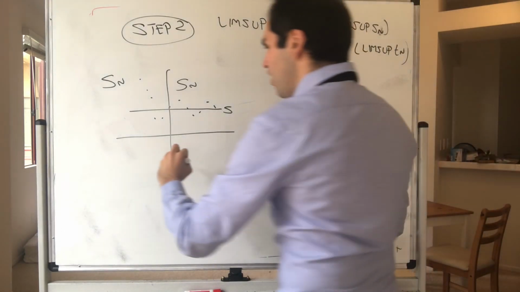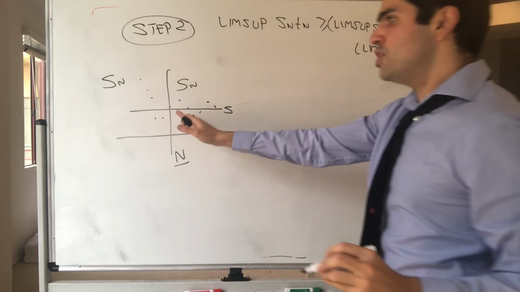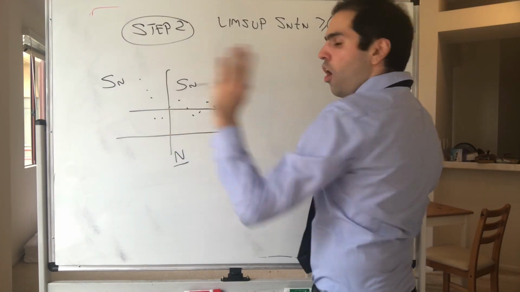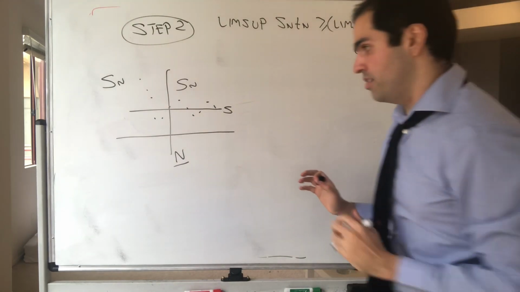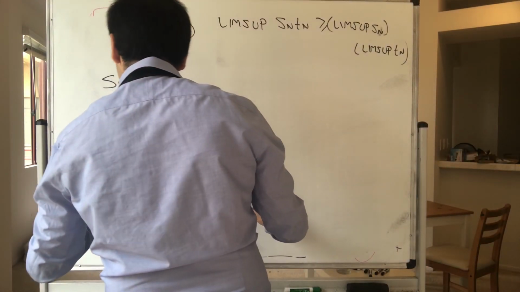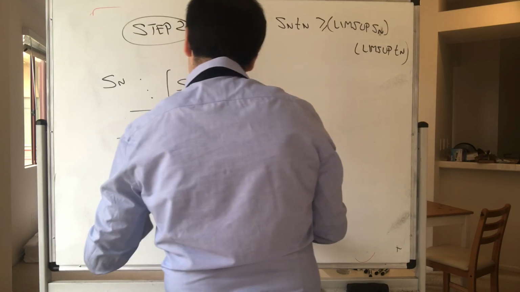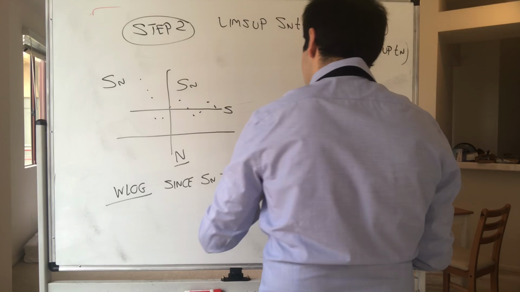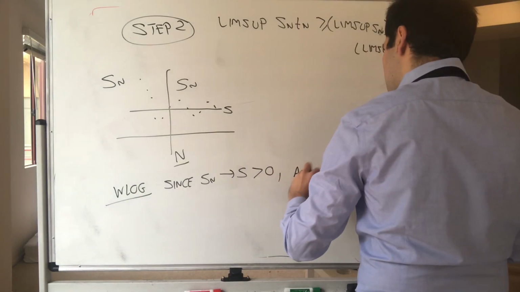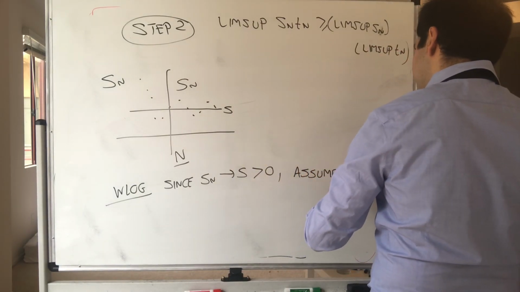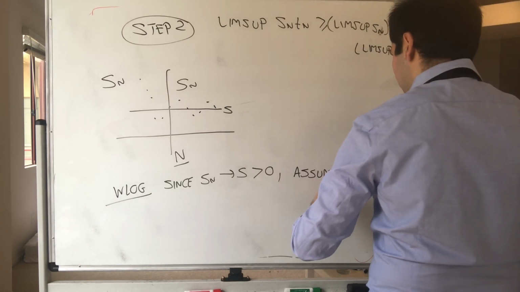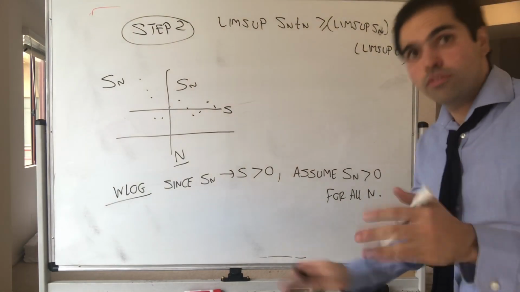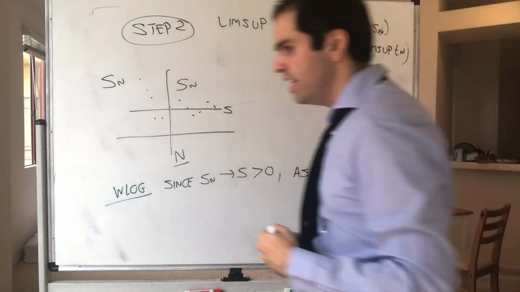And so without loss of generality, since we're assuming that n is very large anyway, since Sn converges to S positive, let's assume Sn is positive for all n. It's going to happen eventually anyway, so let's just assume it's true from the beginning.